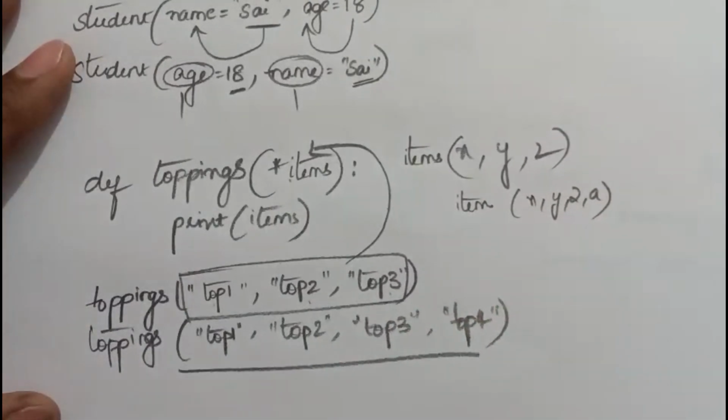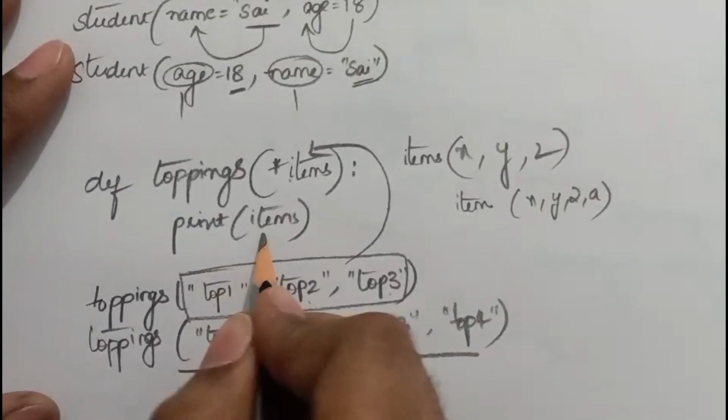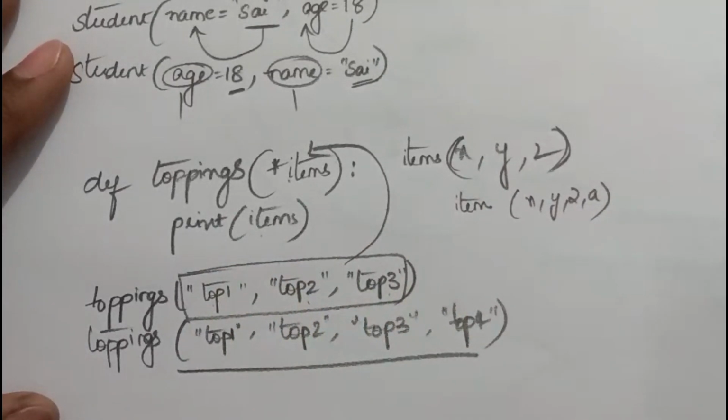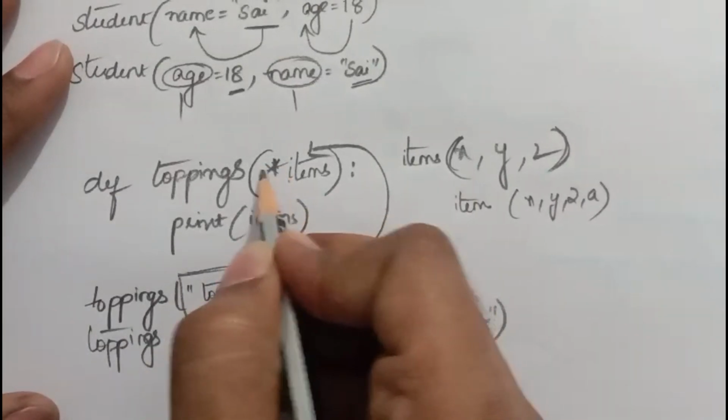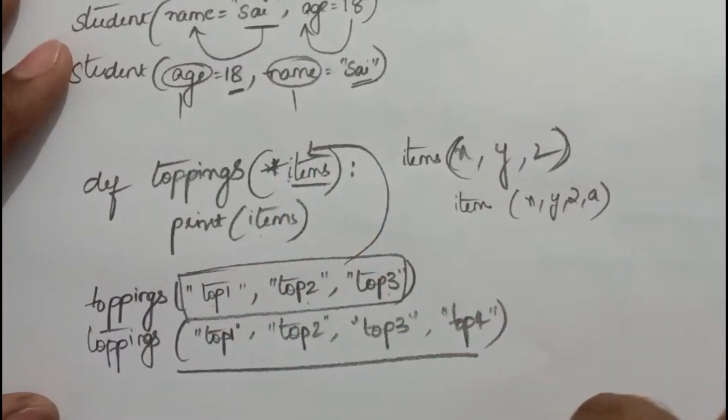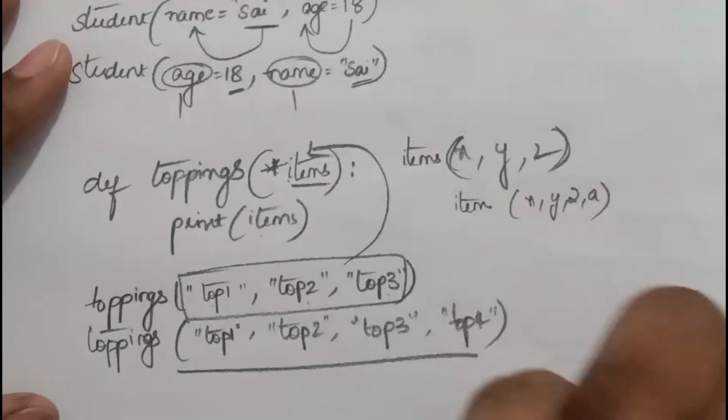If you print the items, it will print a tuple and the values you have passed. Note that you have to use the asterisk symbol before the parameter so that Python will be able to identify that this function is capable of taking multiple number of inputs based on the number of arguments we are receiving.